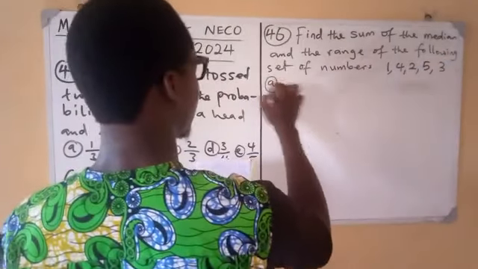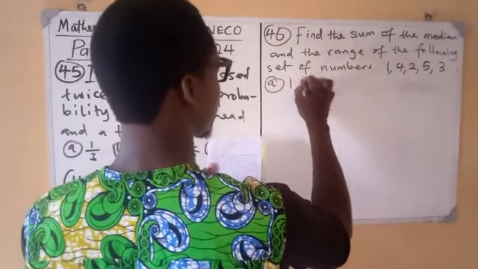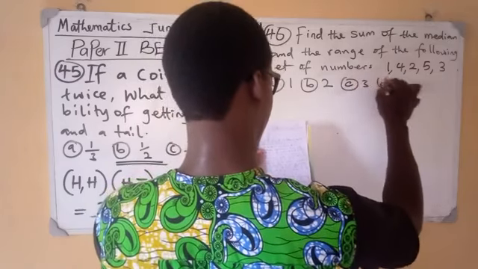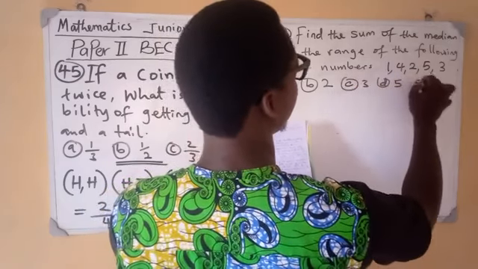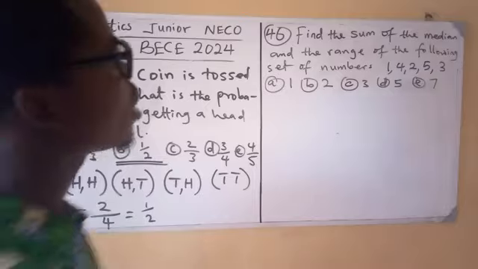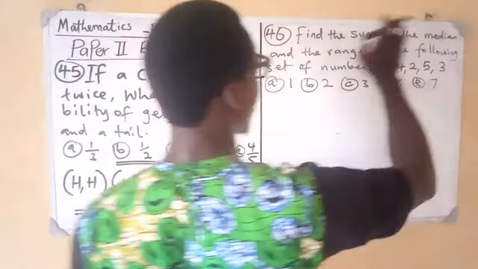The options given are A, 1, 2, 3, 5, and 7.